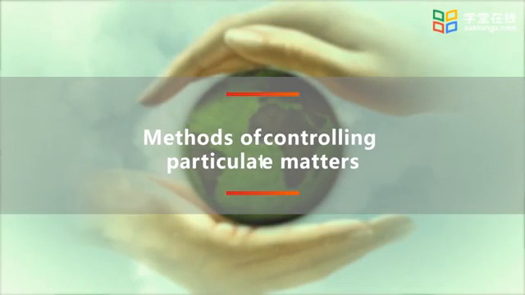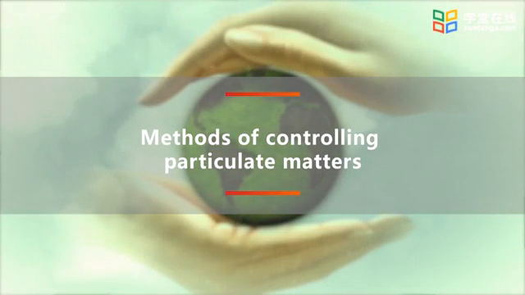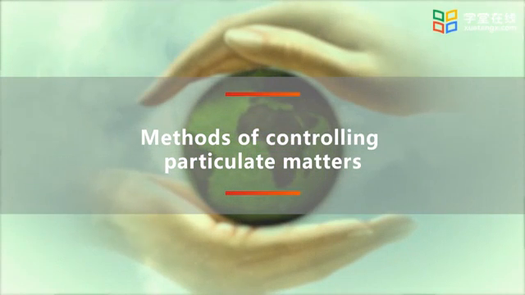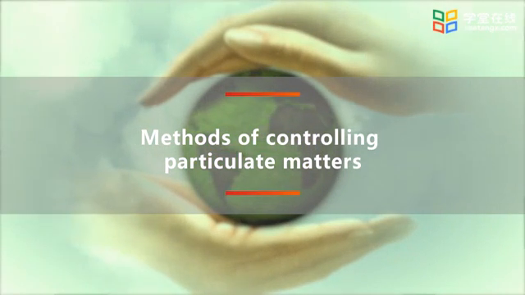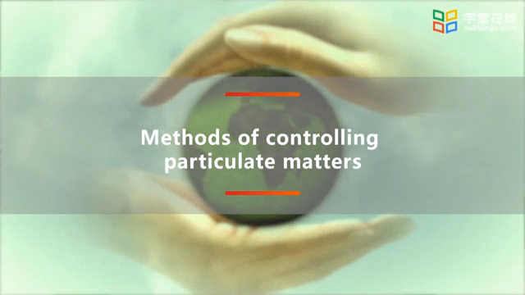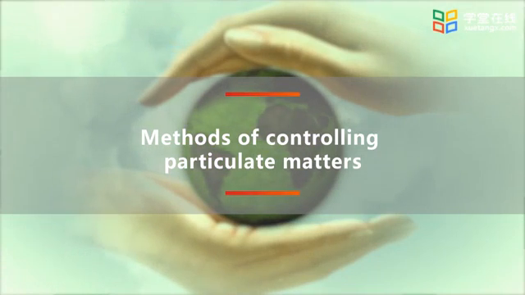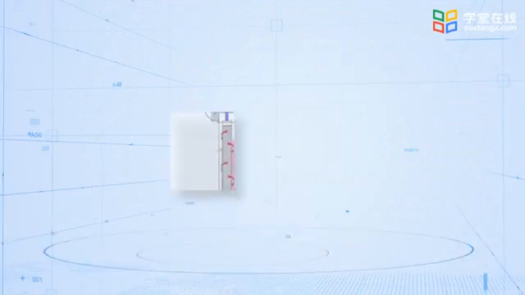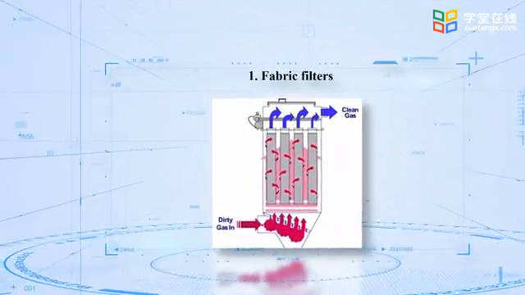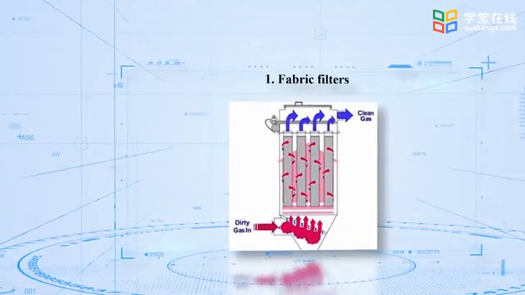The air pollution caused by particulate matter like dust, salt, ash, etc. can be controlled by using fabric filters, wet scrubbers, electrostatic precipitators, and certain mechanical devices. Fabric filters work by passing the particulate matter through a porous medium made of woven or filled fabrics.